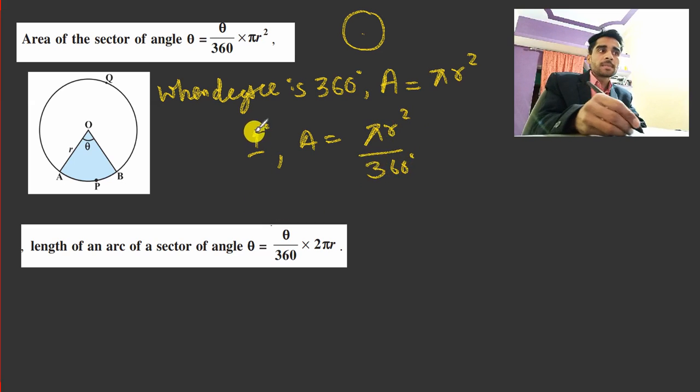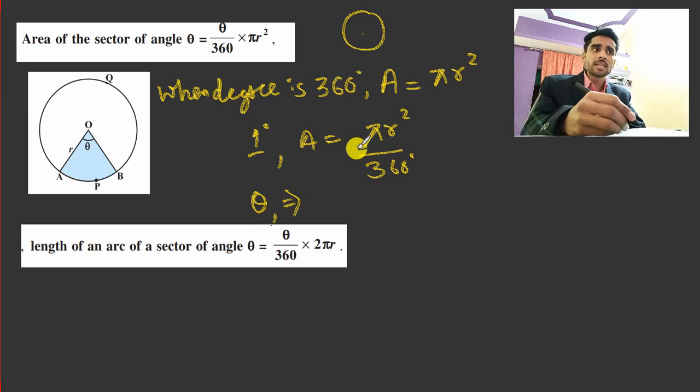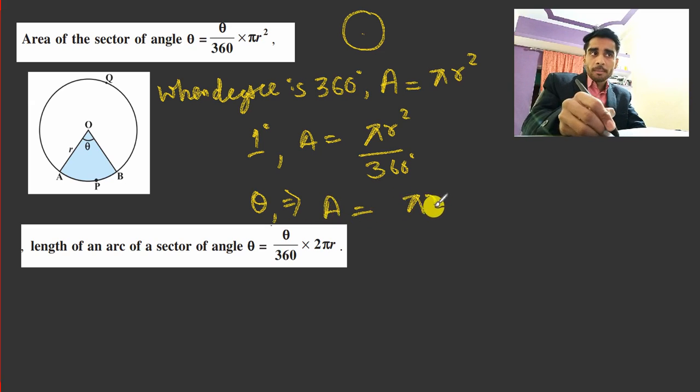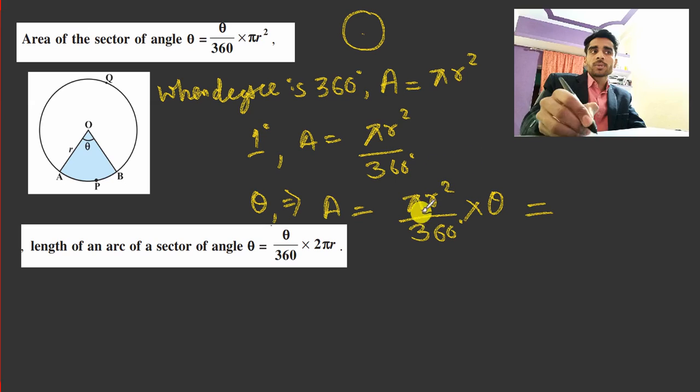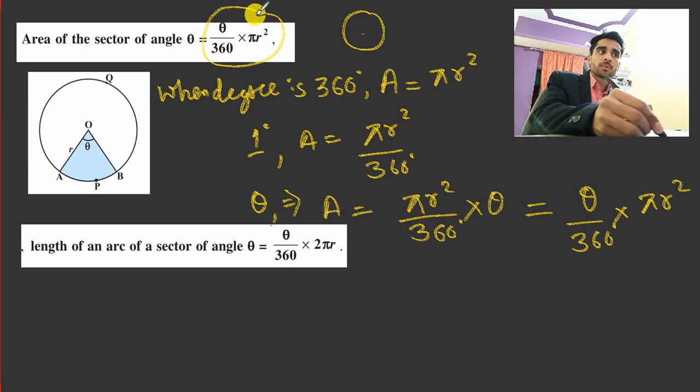Same as if the degree of the circle at the center is theta, meaning any value, for example 10, 20, 45, 60, 90, up to 360, then the area of a sector is given by pi r square upon 360 into theta, or we can arrange the formula as theta upon 360 into pi r square. So this is the same as that formula.